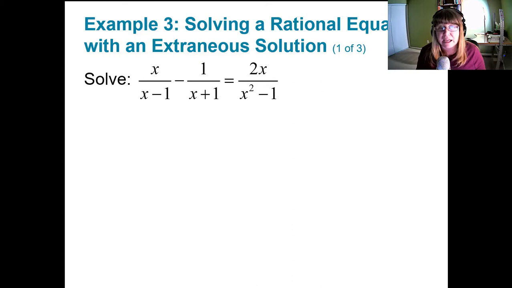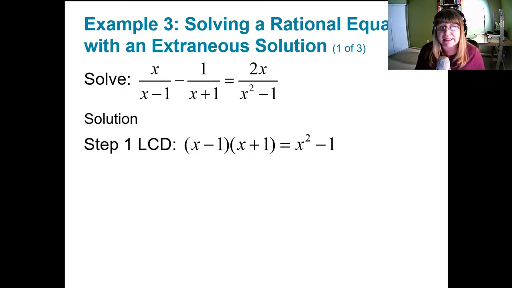When x is -1, that middle term, x plus 1, -1 plus 1 is also 0. So x is not allowed to be positive or -1. Keep that in the back of your mind, because if we get an answer that's either 1 or -1, we're going to have to throw it out. It's just not in our domain.